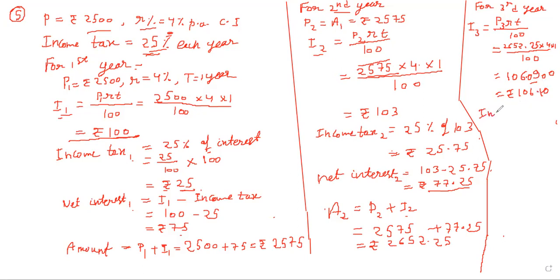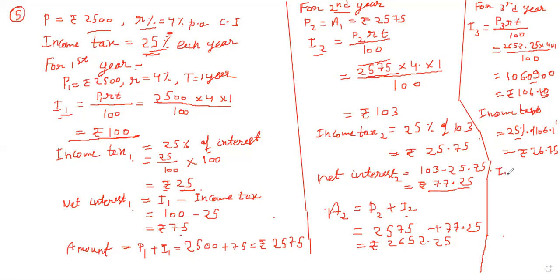Now find the income tax on this. It will be 25% of this amount, 106.10, or we can approximately write 106 also. When we find 25%, it is rupees 26.75 only.